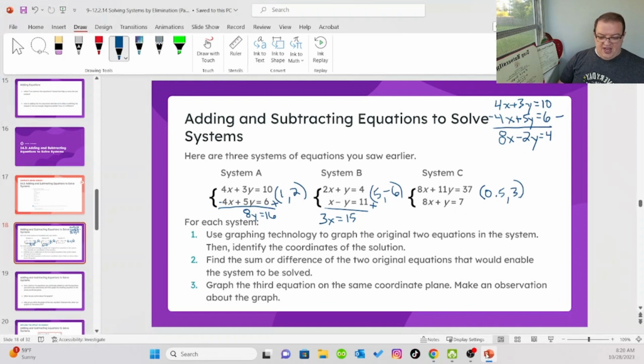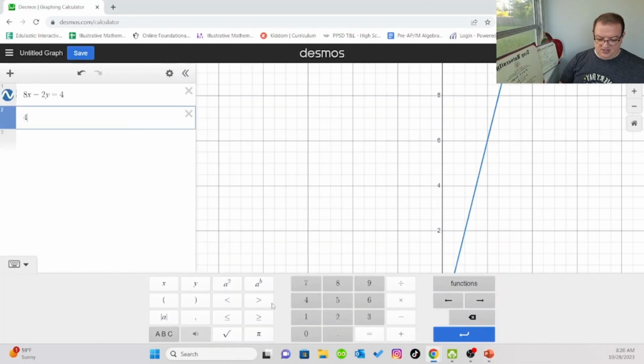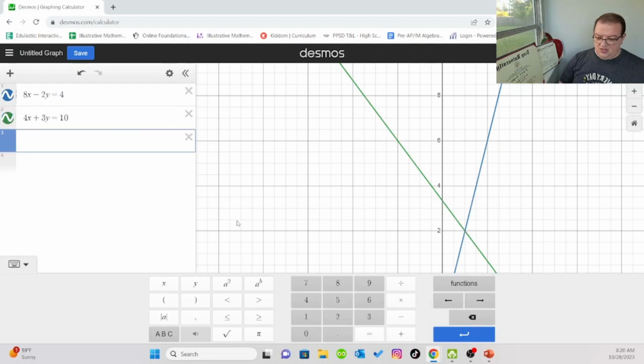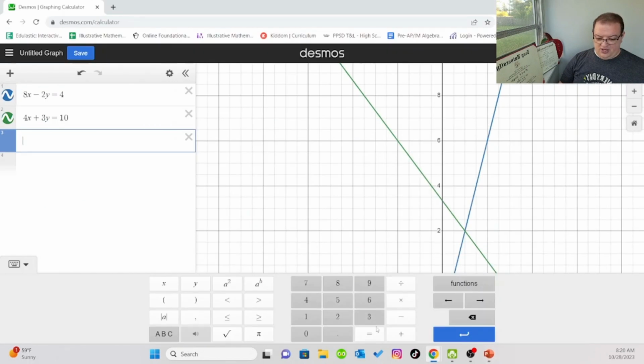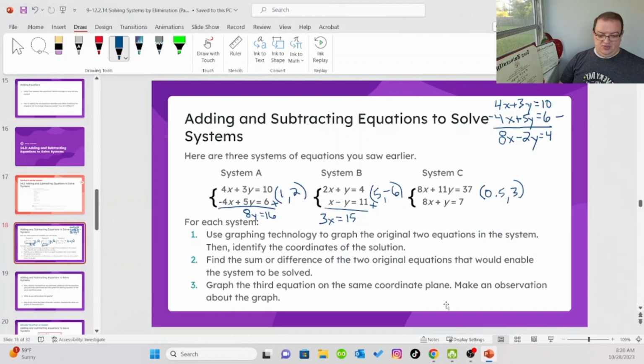If we try to graph that on the same coordinate plane that we did the originals, 4x plus 3y equals 10. And then negative 4x plus 5y equals 6. We see that all three of them combine to meet at 1, 2.